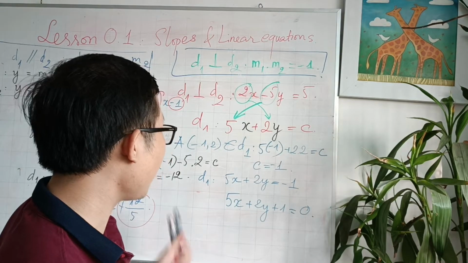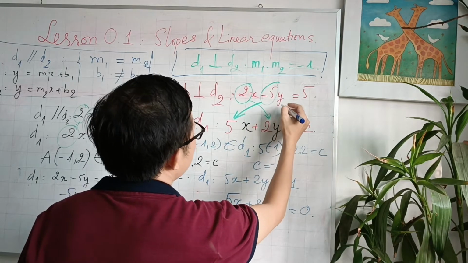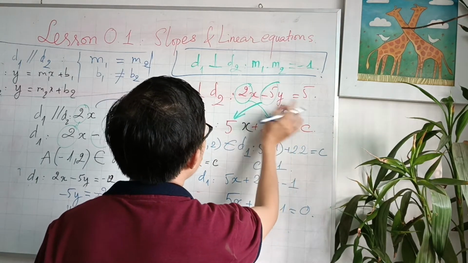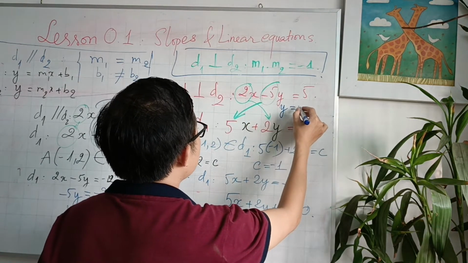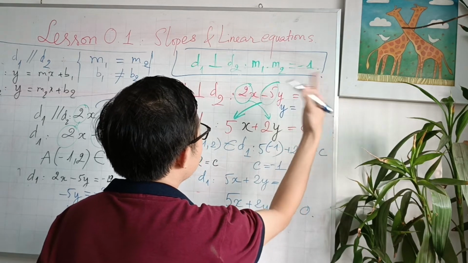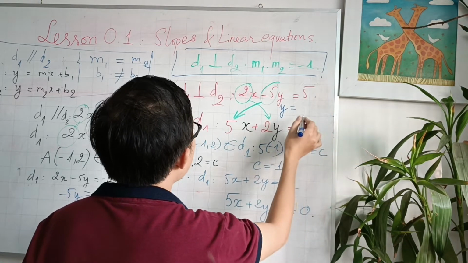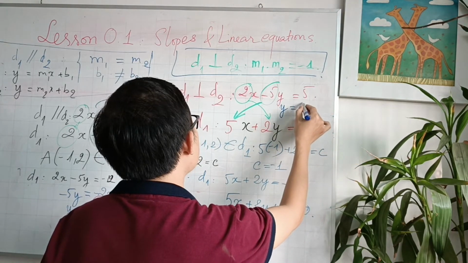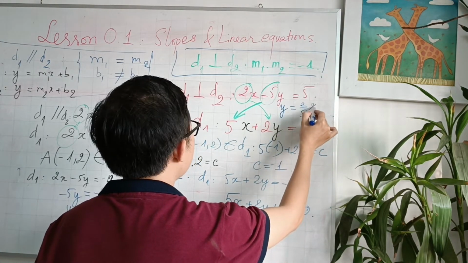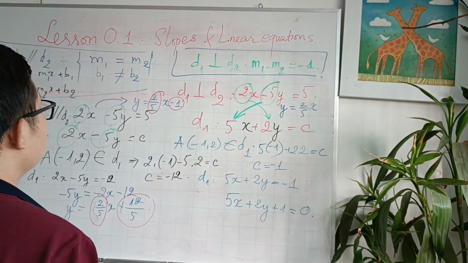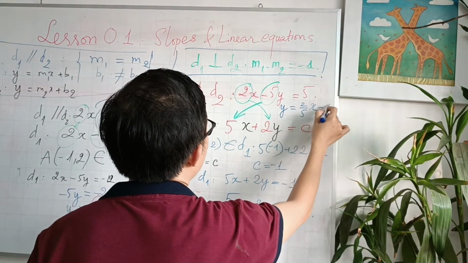So when we rewrite D2 in slope-intercept form, y equals 2 over 5 x minus 1, by changing the sign and dividing both sides by -5.